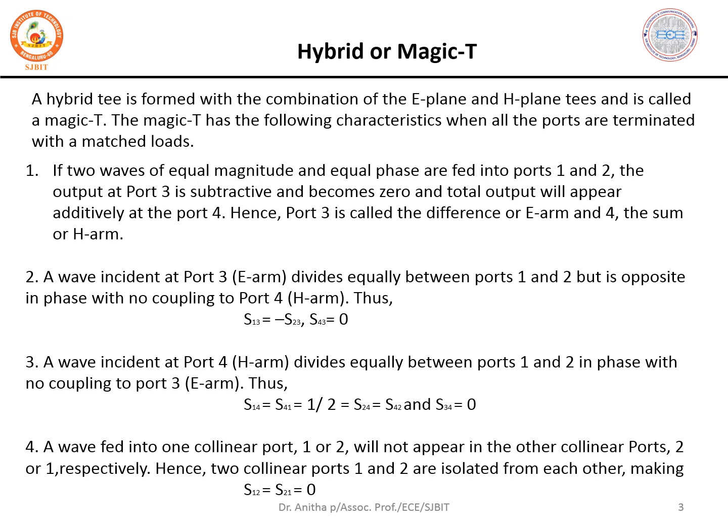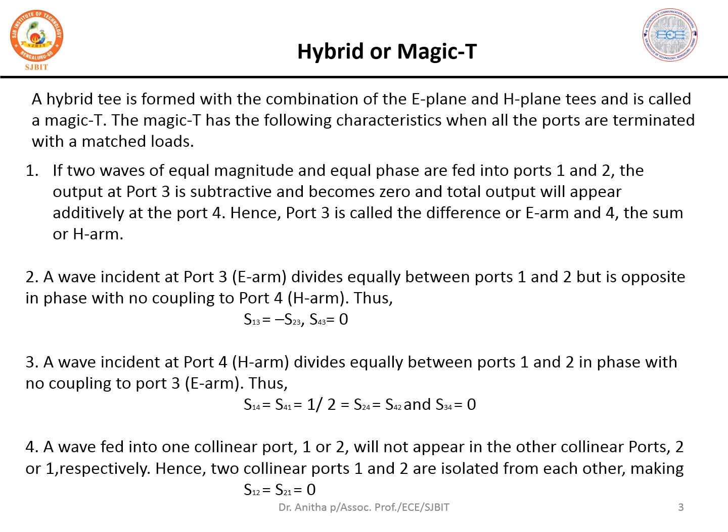And first one, if you observe, if two waves of equal amplitude and equal phase are fed into port 1 and port 2, which we call collinear ports, the output at port 3 is a subtractive difference between the inputs applied at port 1 and 2.